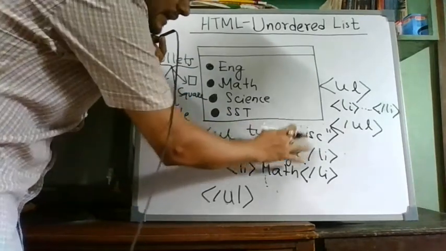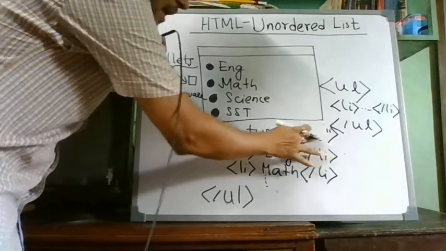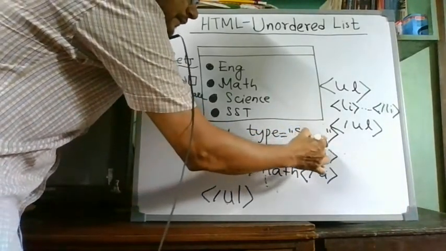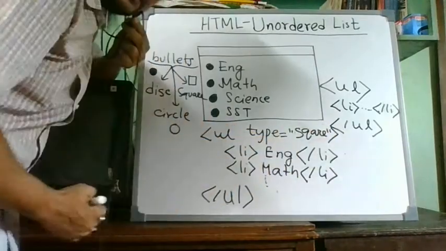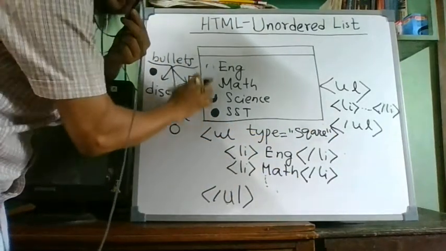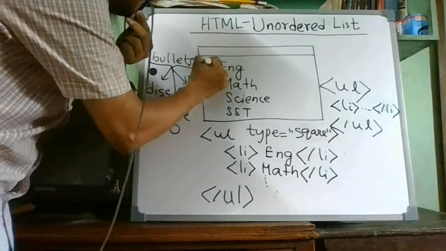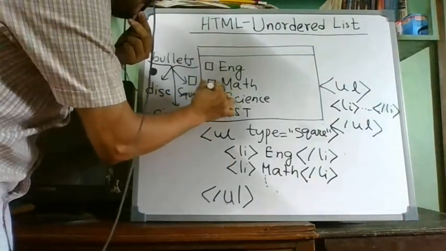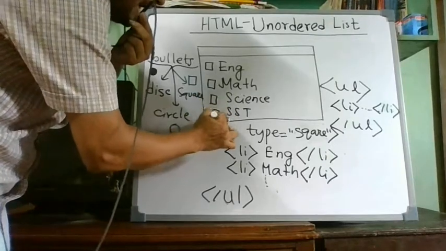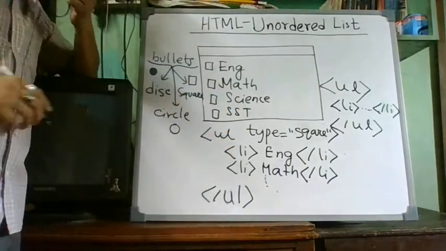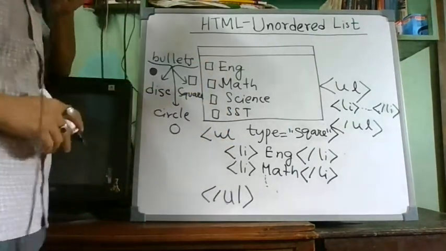Next, if you use square here, then you will see the bullets will be changed for your list, and your unordered list will look like this.